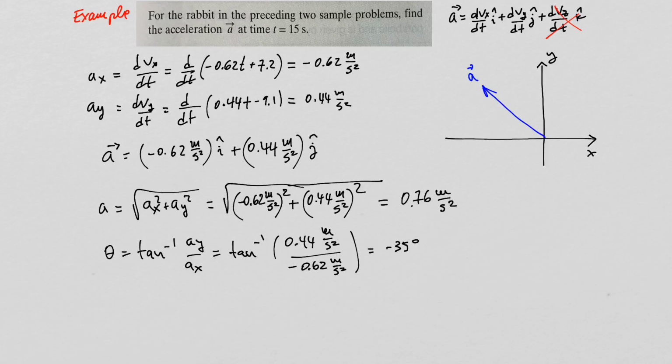And so the angle that we've calculated here, negative 35 degrees, is the angle measured from the negative x-axis, 35 degrees. If we wanted to measure the angle from the positive x-axis, then we do 180 plus negative 35. So that will be this angle, and that will be 145 degrees.